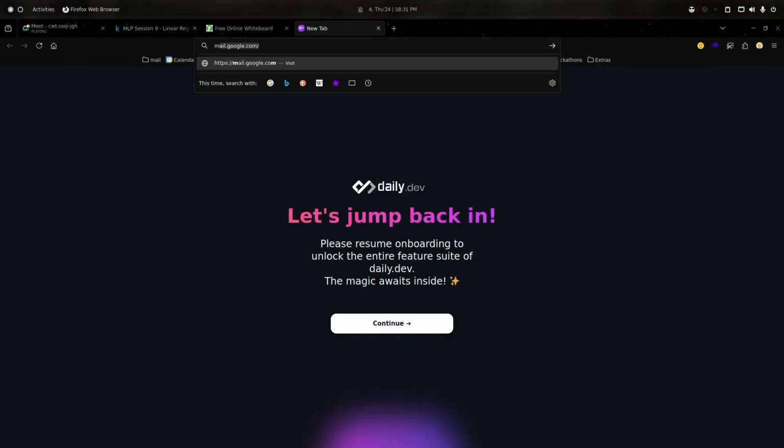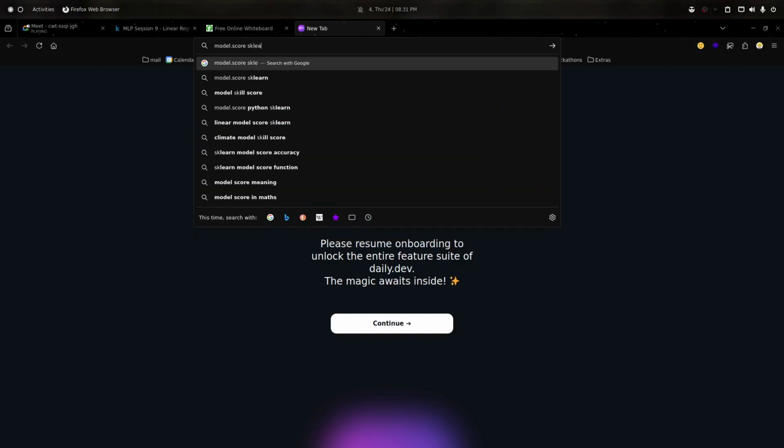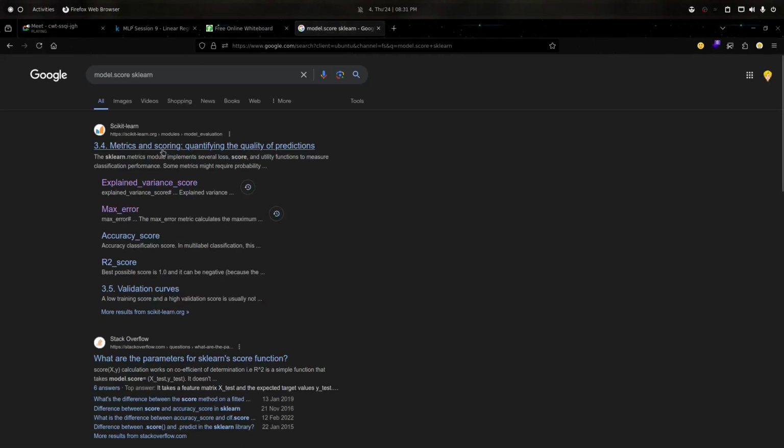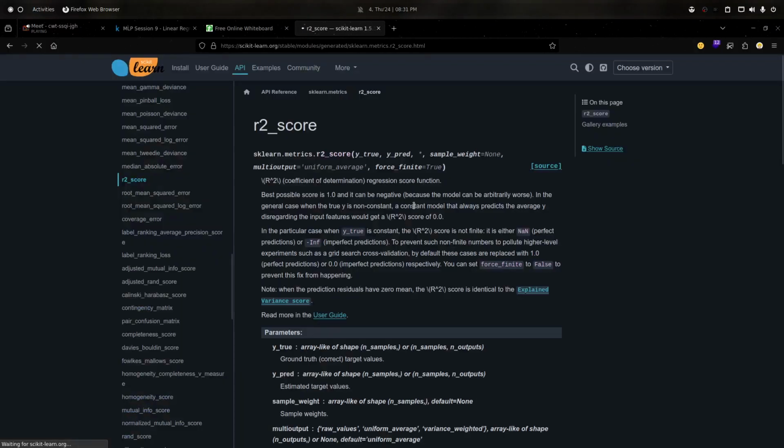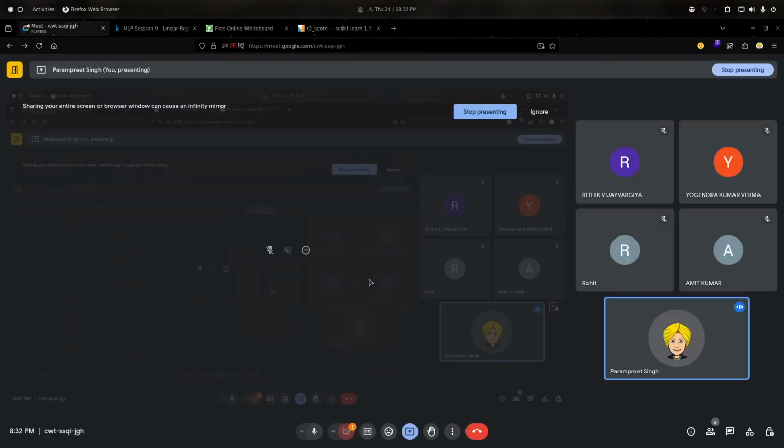If I check model.score on the Scikit-learn site, yes, R2 score. So model.score and R2 score are the same. The range is minus infinity to 1. The more positive the score, the better your model is working. If the score is 0, there is no change in your model, mainly in the weights. If the score is negative, your model is performing worse.